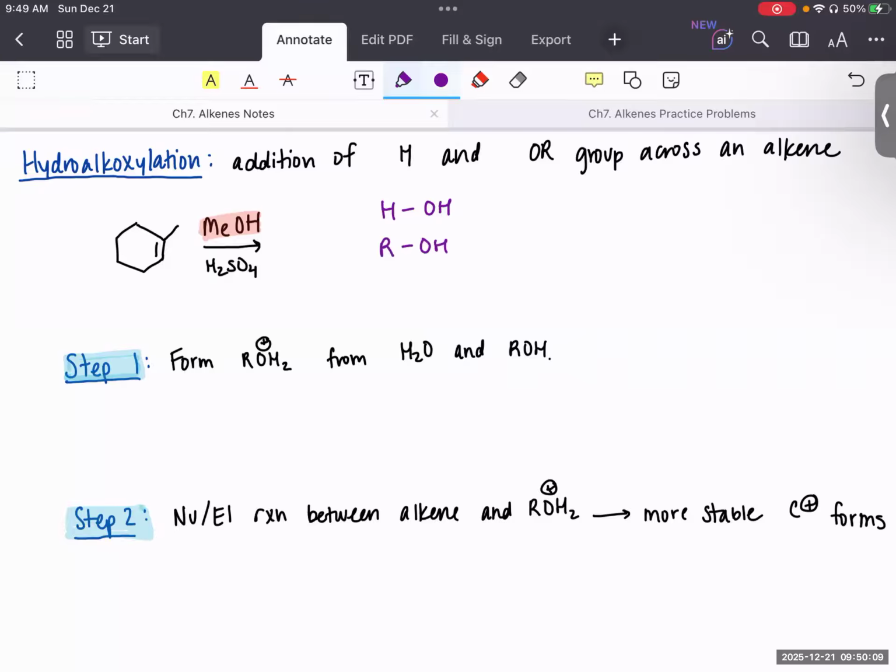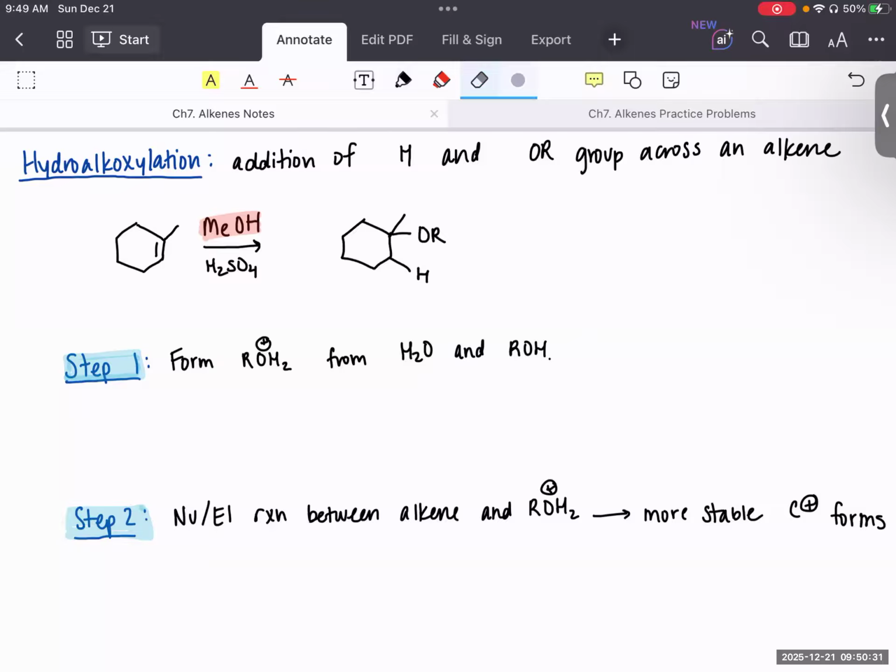And so this reaction is going to be identical, except instead of having a hydrogen, we're just going to have an R group. But all the steps are going to be the same. And so in this one, instead of adding an H and an OH, what we're adding is an H and an OR group. And our R in this case is going to be that methanol.